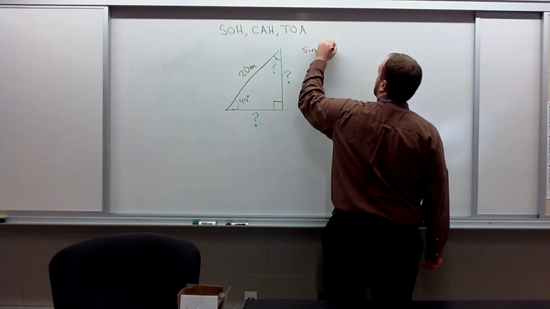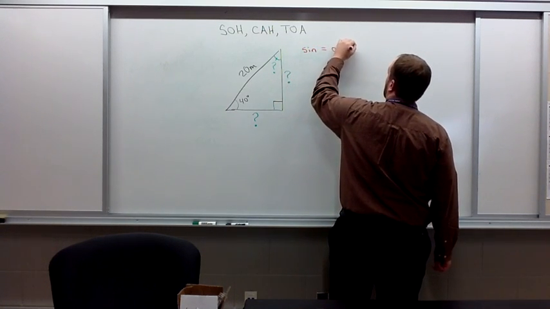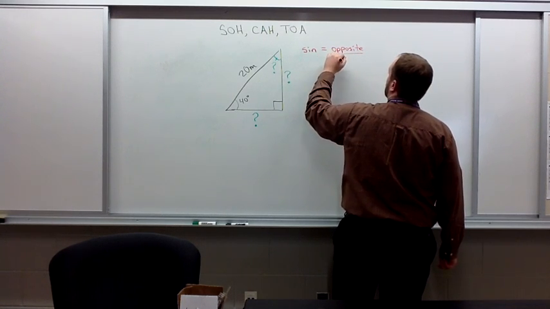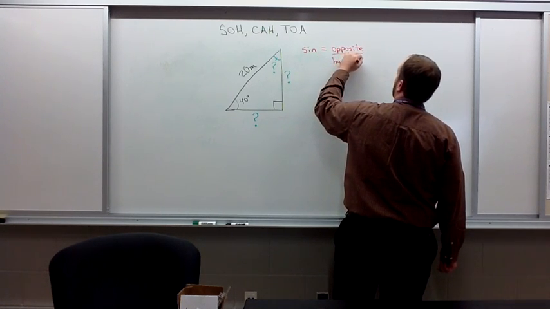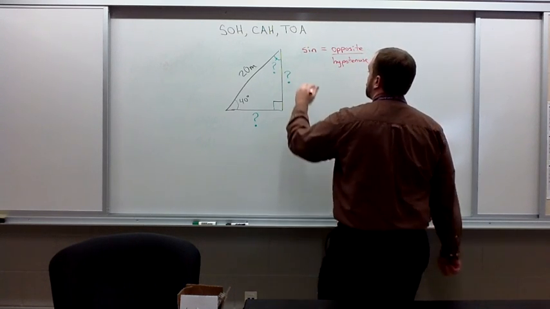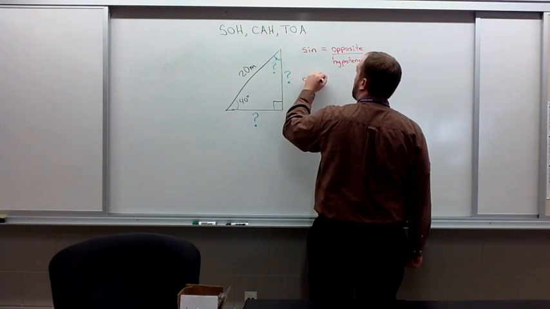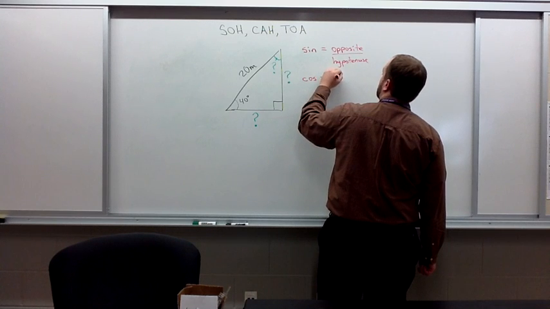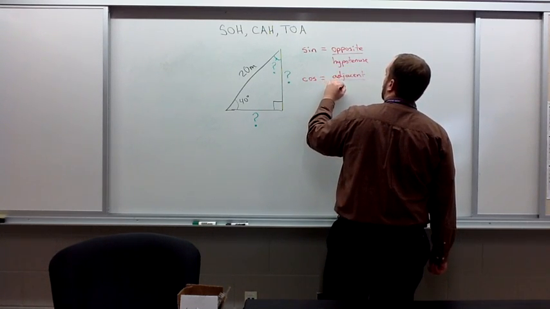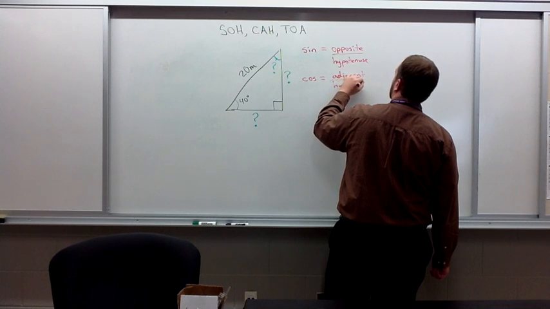sine is opposite over hypotenuse. I think I spelled hypotenuse right. Could be wrong. Cosine is adjacent over hypotenuse.